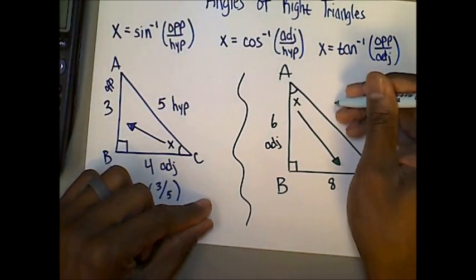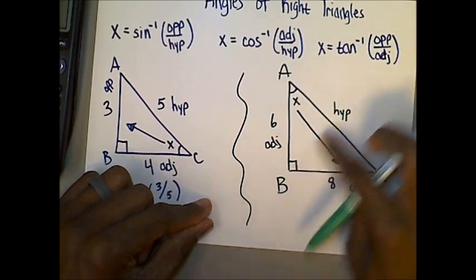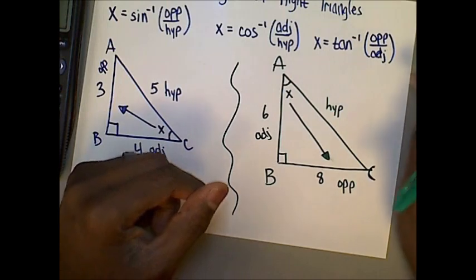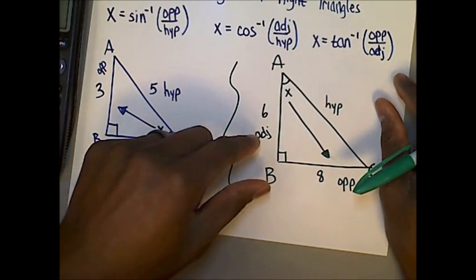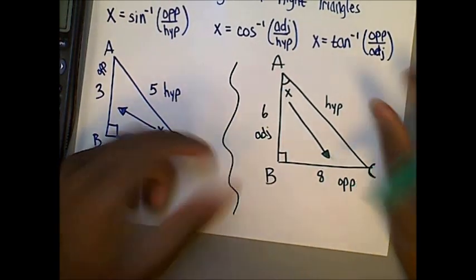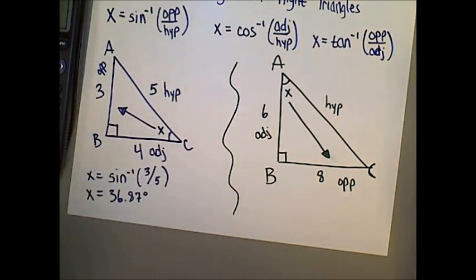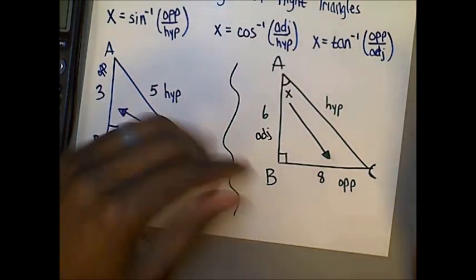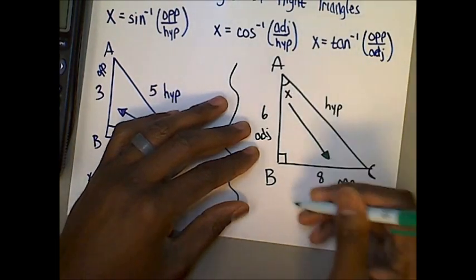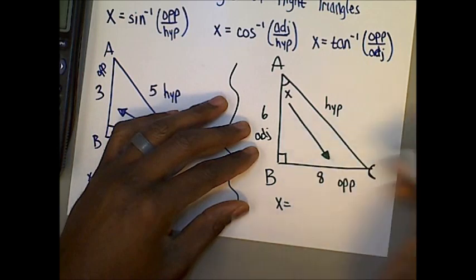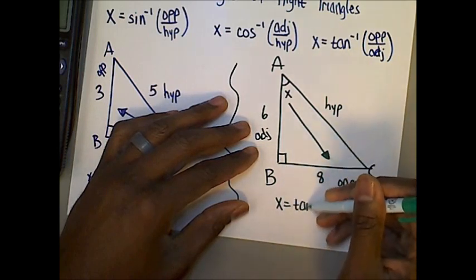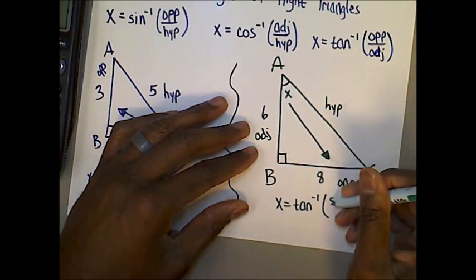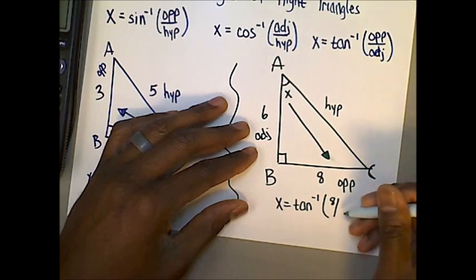But the hypotenuse, always opposite that right angle box, never changes. Okay? So, I want to find the measure of angle x. All I've been given is the adjacent and the opposite side. What trig ratio uses opposite and adjacent? Tangent, so tan inverse. So, in order to find x, x is equal to the tan inverse of opposite, which is 8, over adjacent, which is 6.